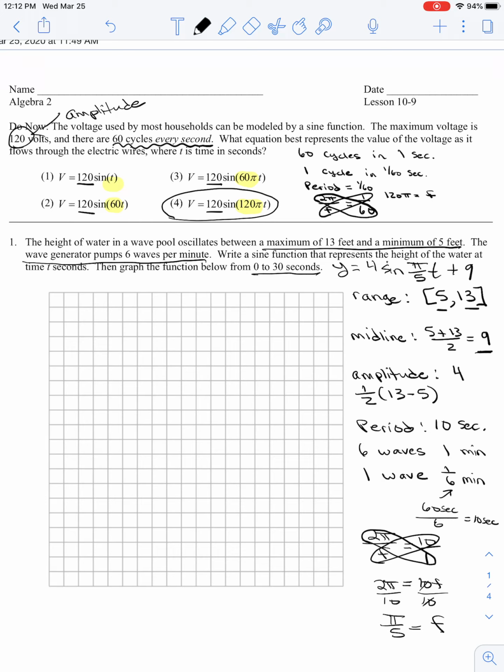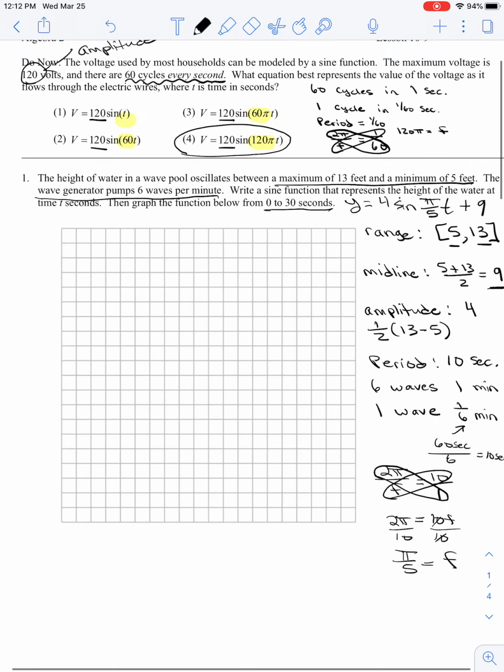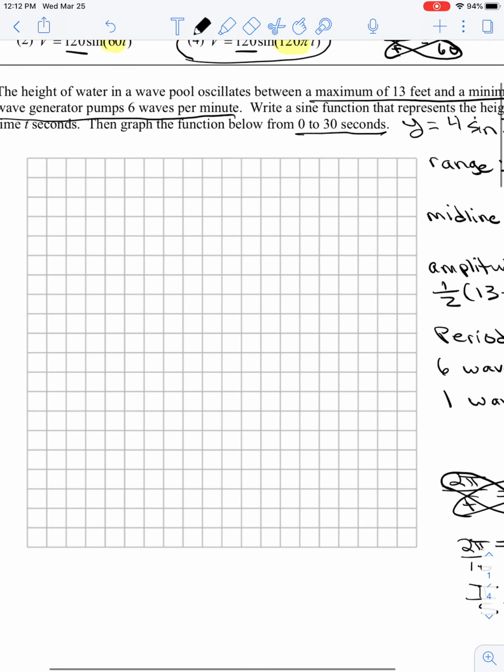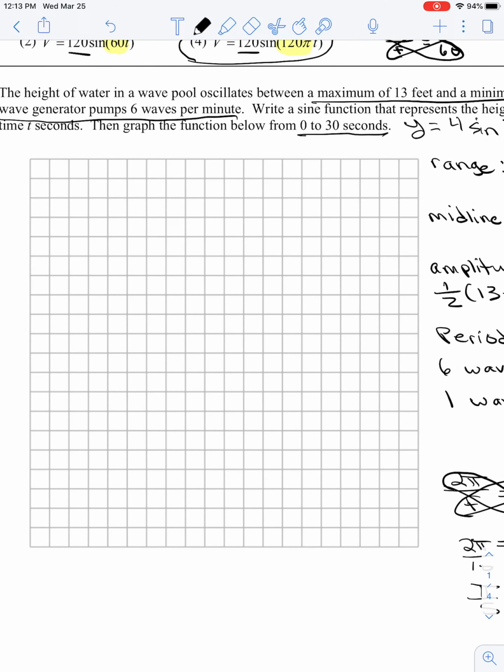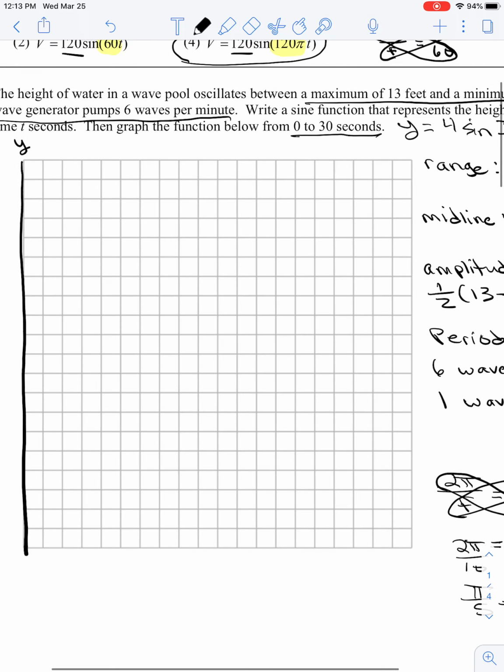Now I want to graph from 0 to 30 seconds. So I have to figure out how I'm going to set up my axes. So let's see, I'm going to make this a little bit bigger here. Drawing my y-axis. And then I'm going to draw my x-axis.